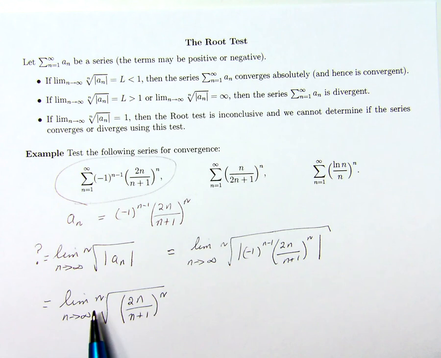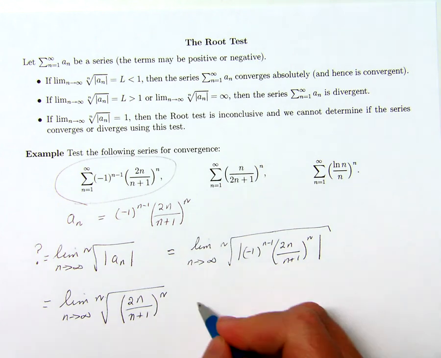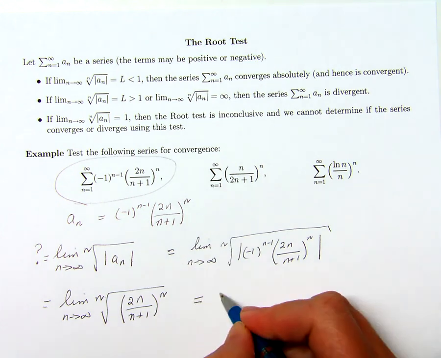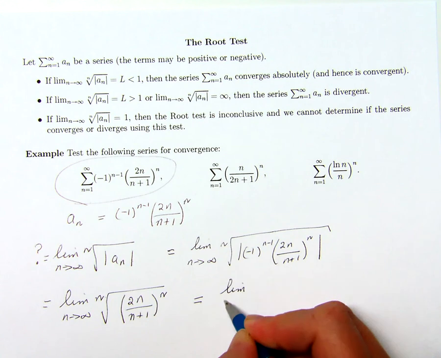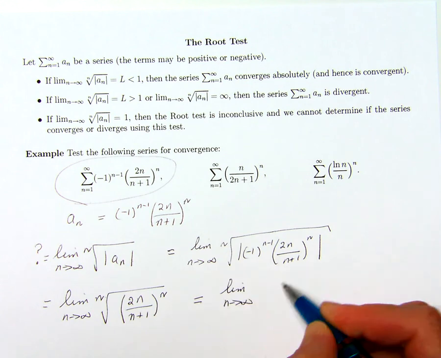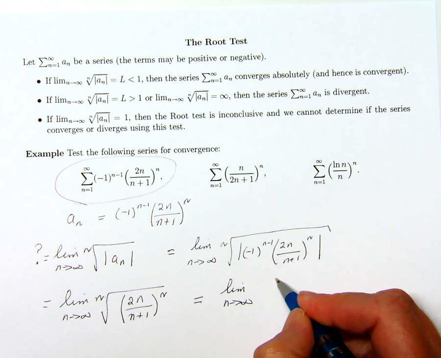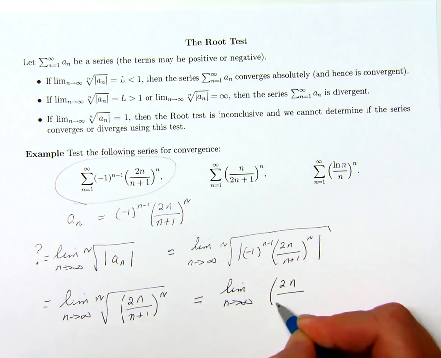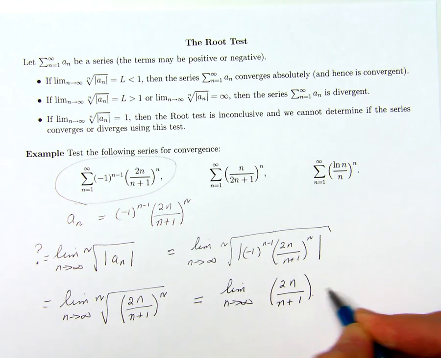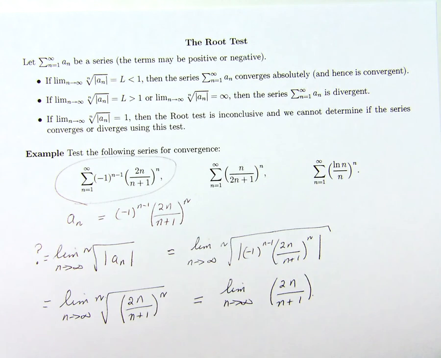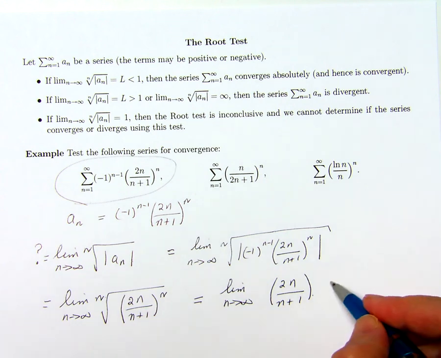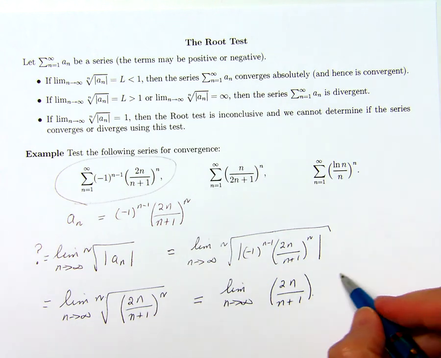Now we're taking the nth root of an nth power, and so that's equal to the limit as n goes to infinity of just 2n over n+1, because the nth root of x^n is just x, for x bigger than 0.